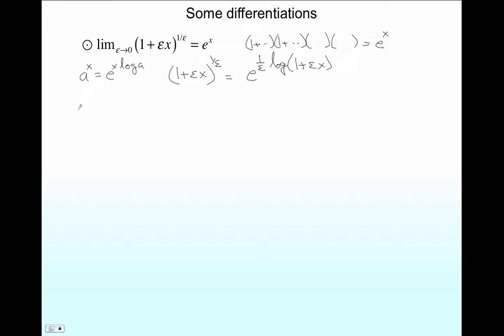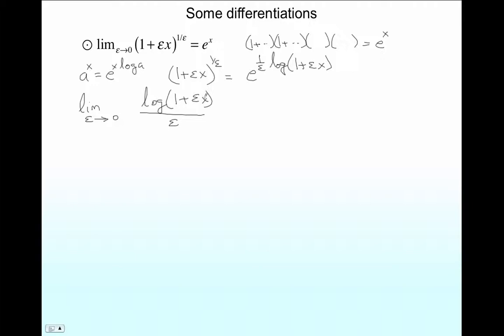Now, basically what I need is the limit as epsilon goes to 0 of log of 1 plus epsilon x divided by epsilon. This is exactly the situation for which we had developed L'Hopital's rule.